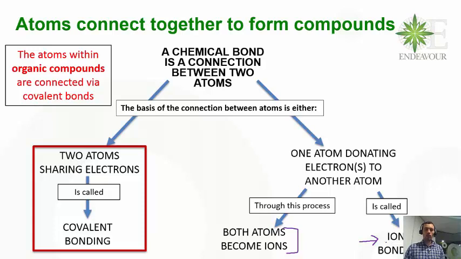We saw an ionic compound earlier, NaCl, which is where the sodium becomes positively charged by losing an electron, and the chlorine becomes negatively charged by gaining an electron, and then we have the attraction between that positive and negative. But the bonding we're focusing more on in this session is the covalent bonding, and this is where two atoms come together and share their unpaired valence electrons to allow the valence electron shell of each atom to fill up. And this is the type of bonding we see in organic compounds.